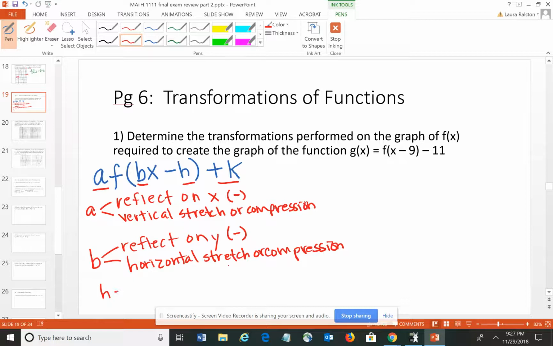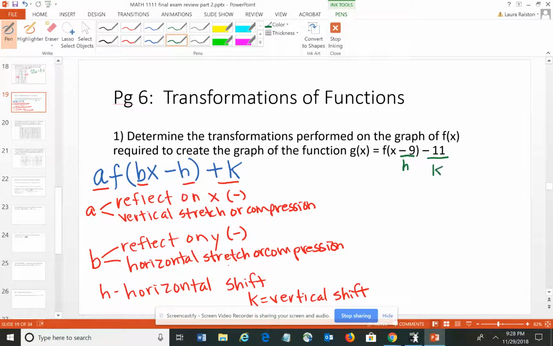H tells us the horizontal shift, whether you're going to go left or right. And then finally, K tells us whether or not there's going to be a vertical shift, which would be up or down. So if I look at the expression that we're given, f of x minus 9, I notice that I have basically the h and a k.